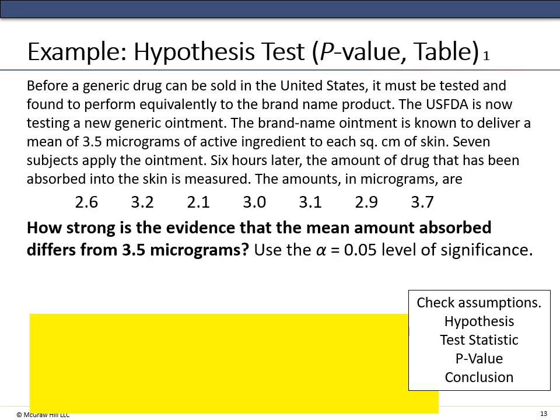The amounts in micrograms are 2.6, 3.2, 2.1, 3.0, 3.1, 2.9, and 3.7. How strong is the evidence that the mean amount absorbed differs from 3.5 micrograms? Use the alpha equals 0.05 level.